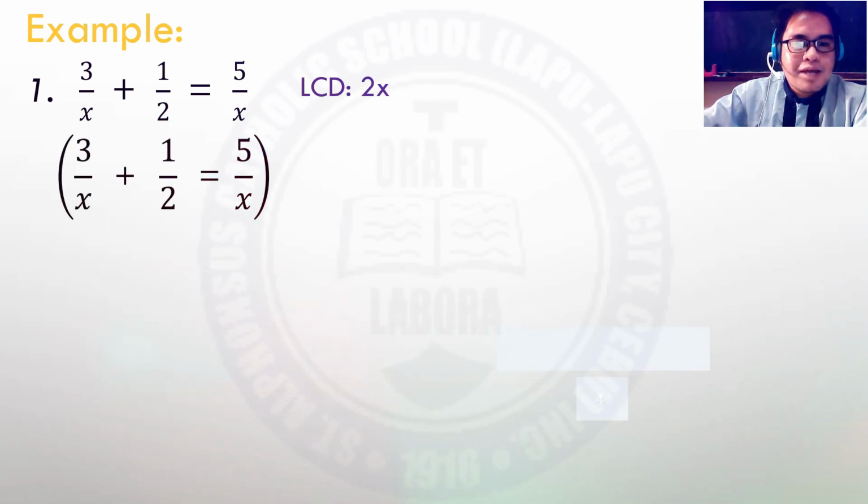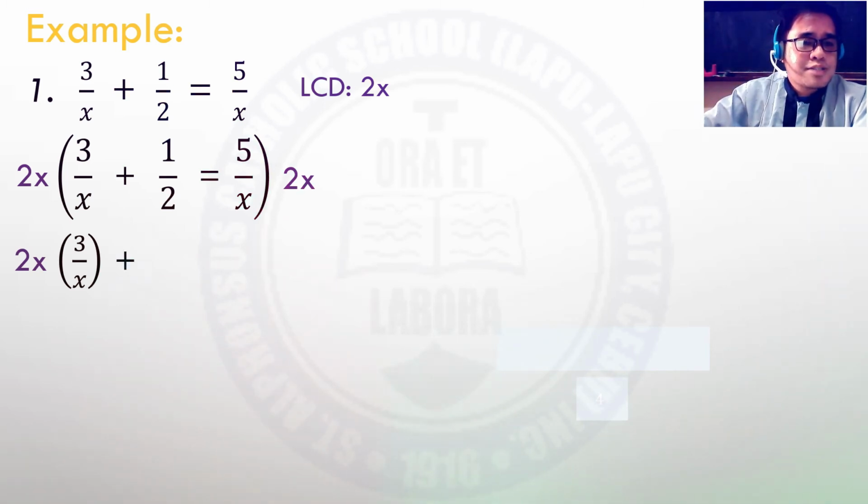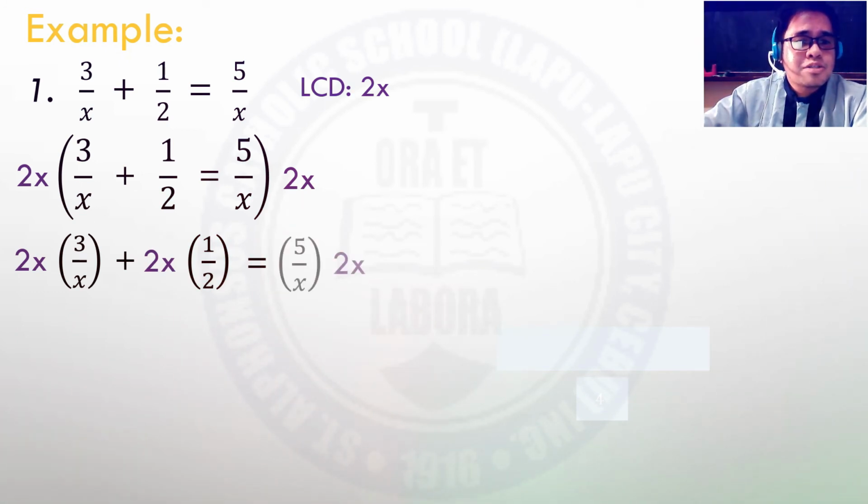Now, multiply both sides of the equation by the LCD, which is 2x. So 2x times 3 over x, plus 2x times 1/2, equals 5 over x times 2x. Now, let's simplify them further.